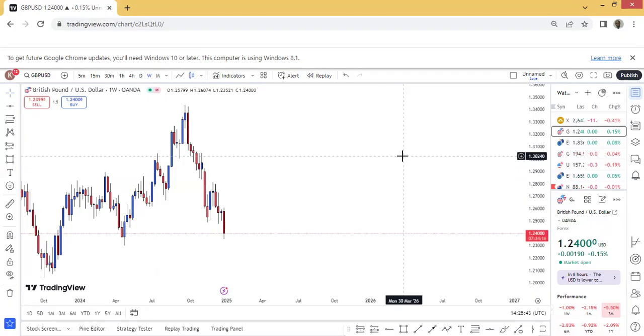I want to find the weekly direction. And without even saying much, you can see from the chart that the weekly is pointing downwards. So we are bearish on the weekly.